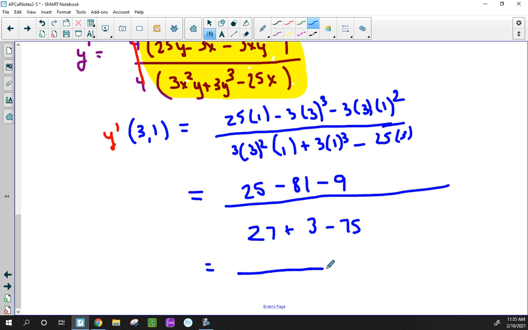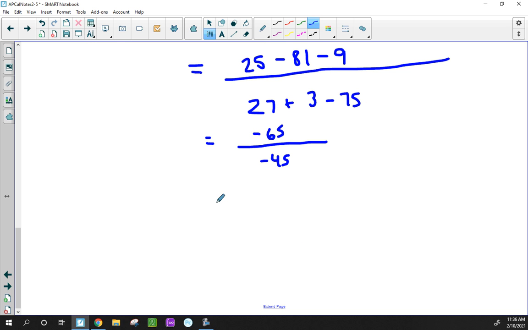And we are reaching the end, yay. 25 minus 81 minus 9 is negative 65. And then 27 plus 3, remember to go left to right, is 30. 30 minus 75 is negative 45.